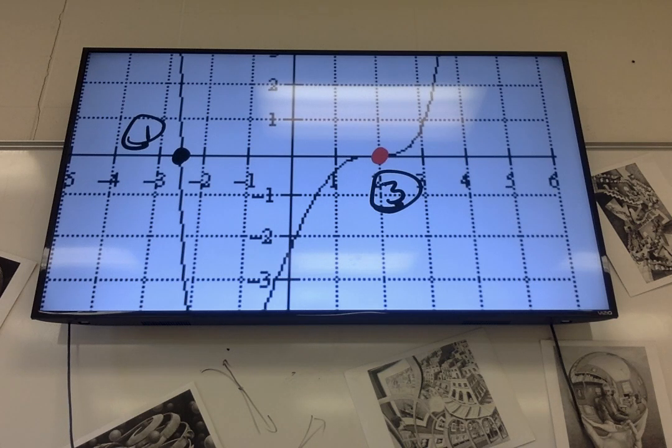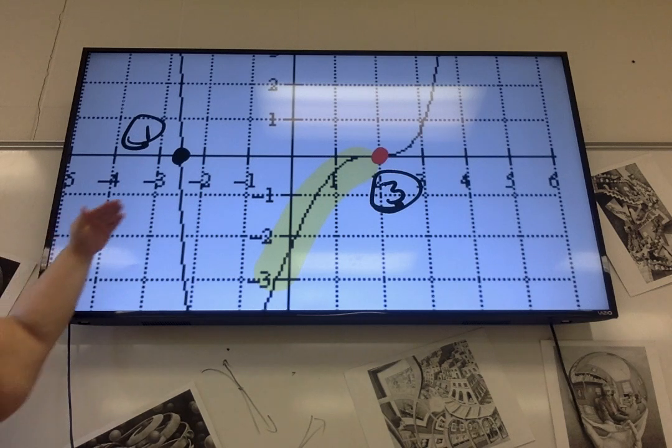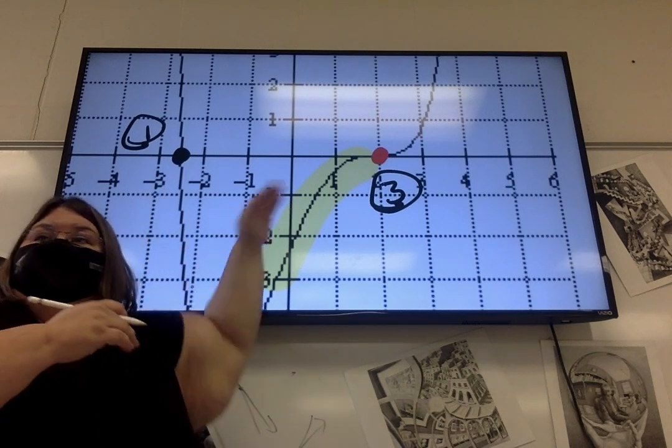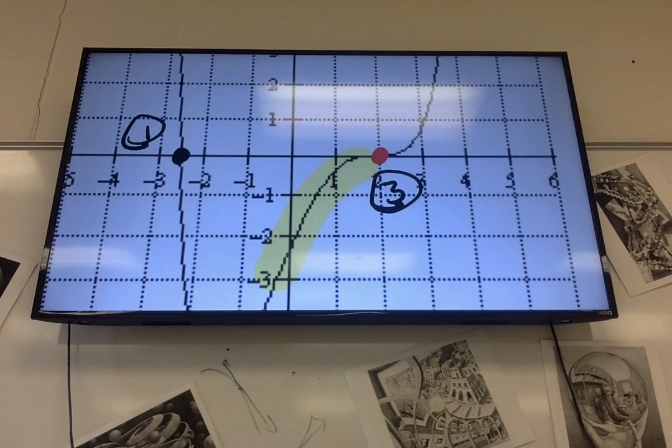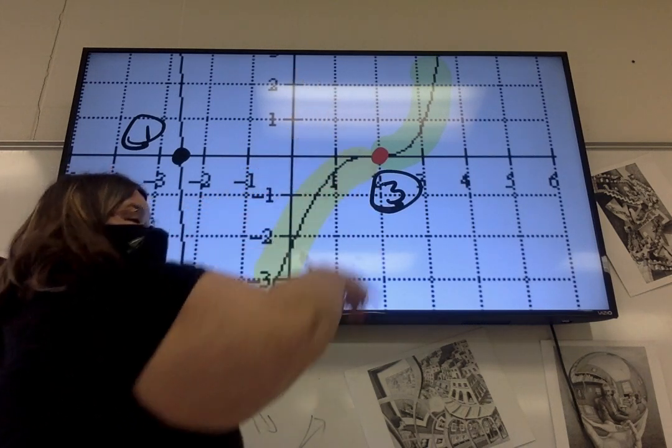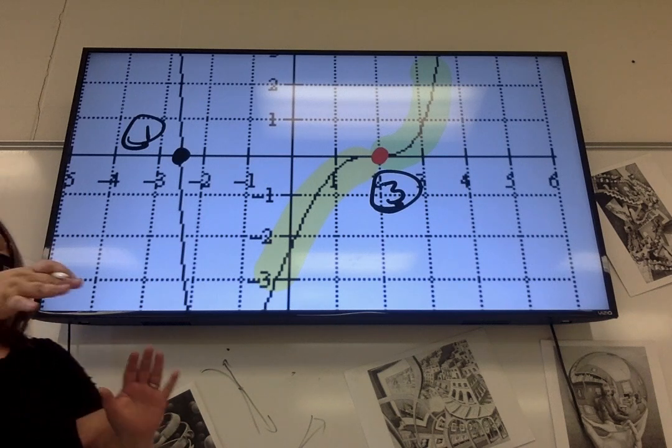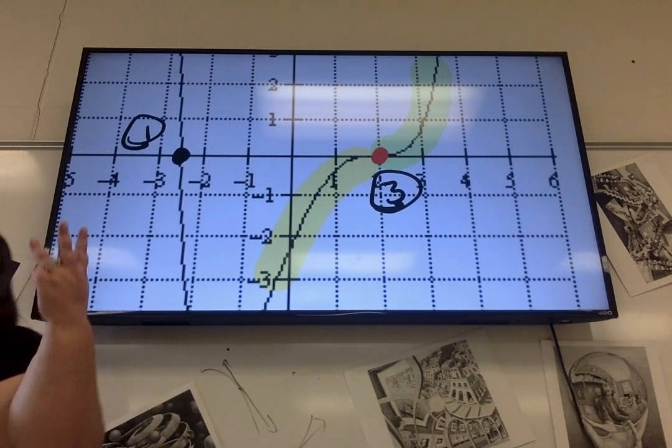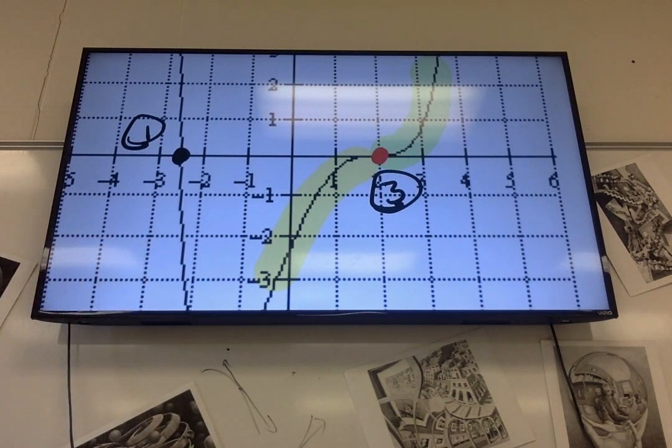Okay, one of the ways it's going to be described to you is it's changing concavity. So like here, see how that yellow is concave down? And then after the red dot, it goes this way, and then that becomes concave up. So if it changes concavity, then it has a multiplicity of 3.